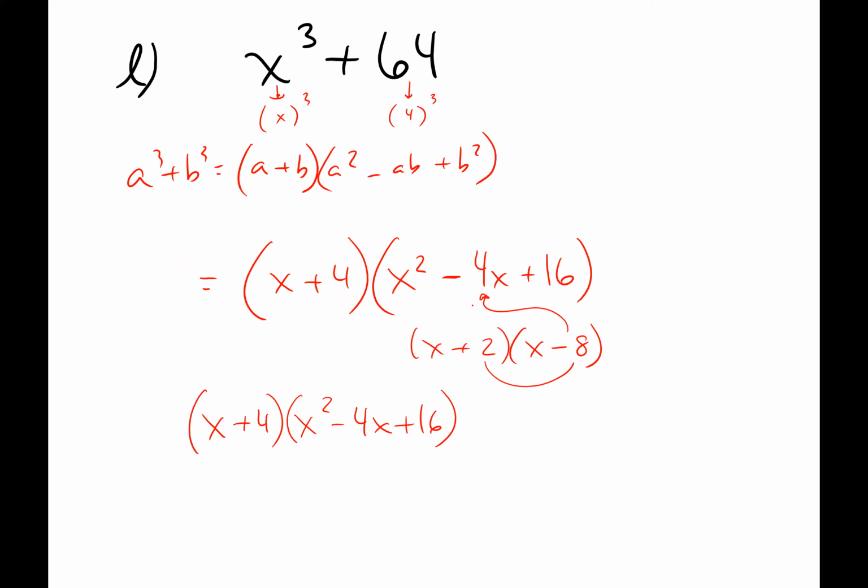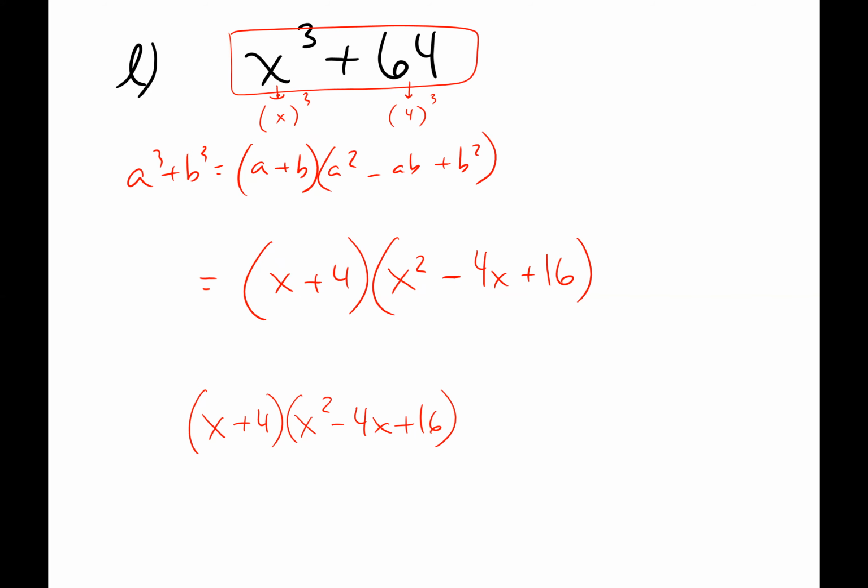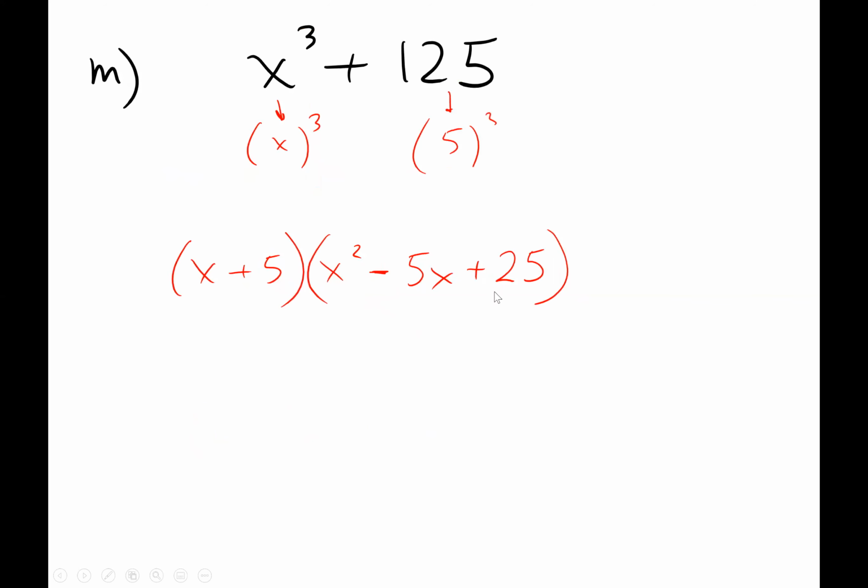You get negative 6x, not a negative 4. Oh, wait, yeah. When you factor out a difference or sum of two cubes, the second parenthesis will not factor down anymore in the integers. Okay, we got this one done.